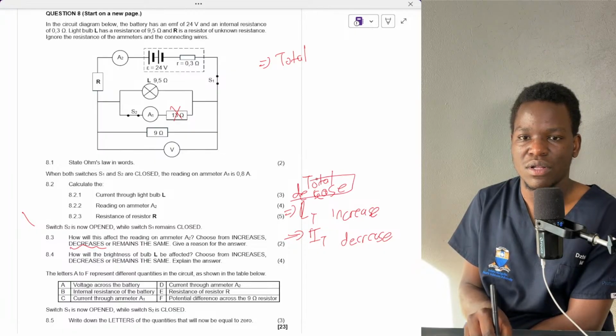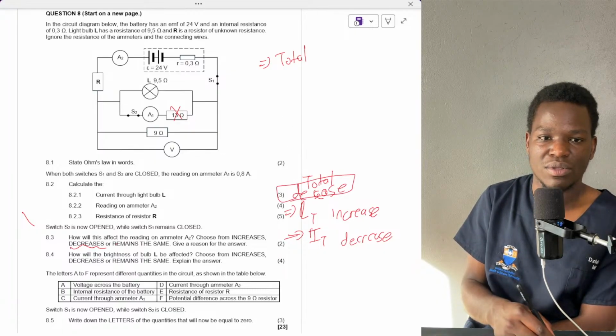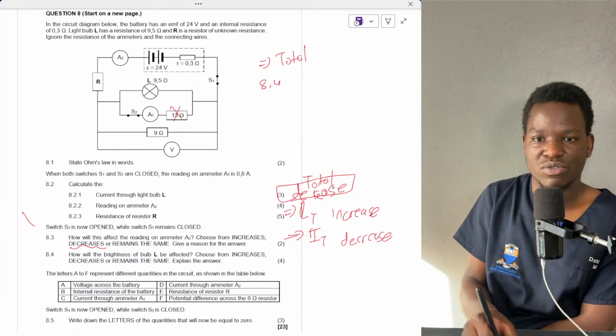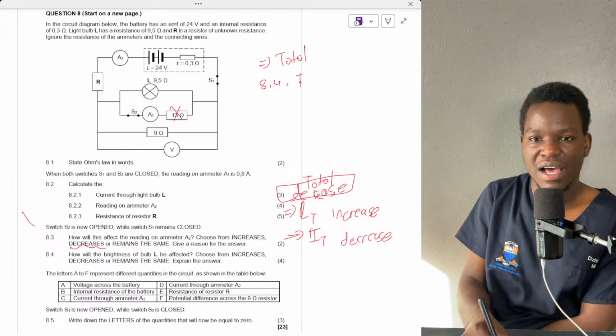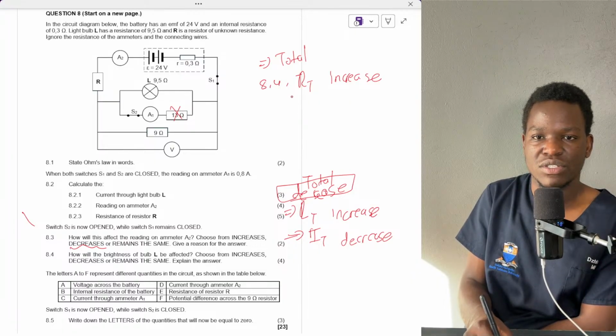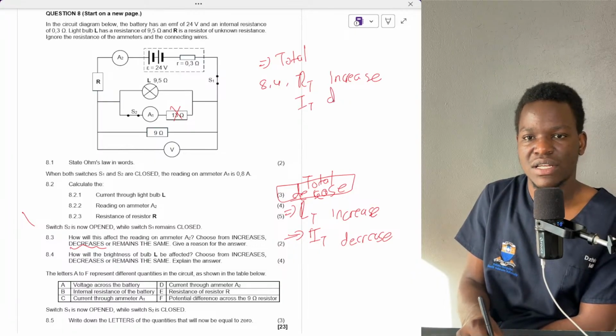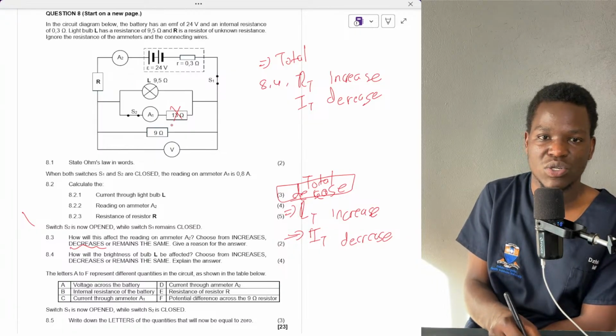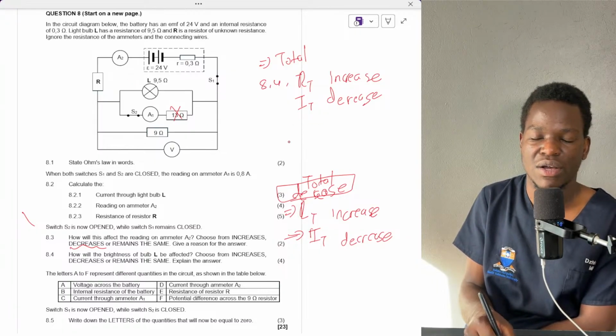So that's our answer. So now this is 8.4. I wanted to start from here. R total increases, and then we say I total decreases. Let's continue. This is I total. Let's go to I across this resistor now.